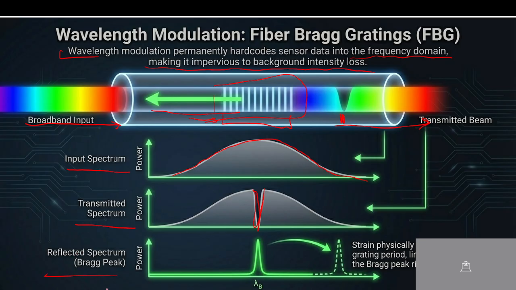The reflected spectrum, the black peak, has a lambda B wavelength peak, which usually shifts to another place because of physical stretching or any kind of perturbation that we are going to measure during the operation of the FBG.